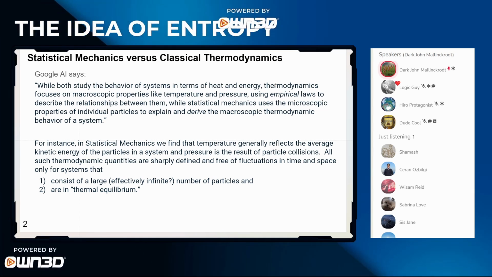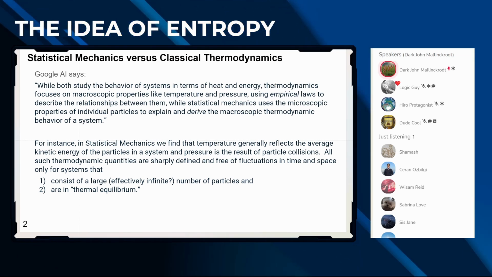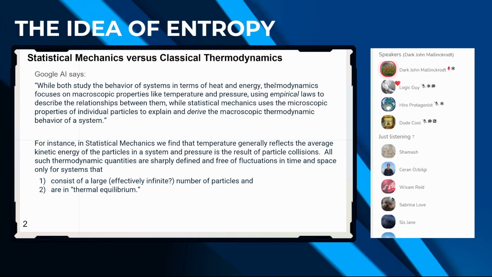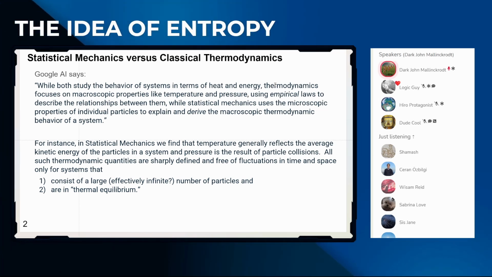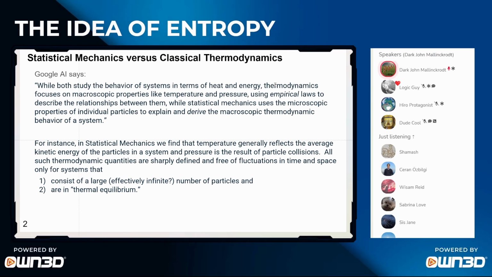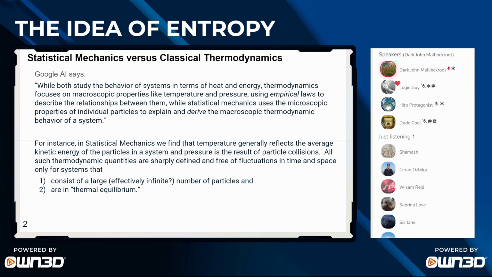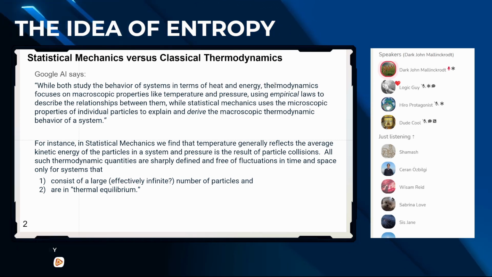Statistical mechanics, it's good just to read what Google AI said. I Googled this phrase, statistical mechanics versus classical thermodynamics, and Google AI came back with something that I thought was, for a change, pretty good. This one sentence I think is good. While both study the behavior of systems in terms of heat and energy, thermodynamics focuses on macroscopic properties like temperature and pressure using empirical, and I emphasize that myself, empirical laws.